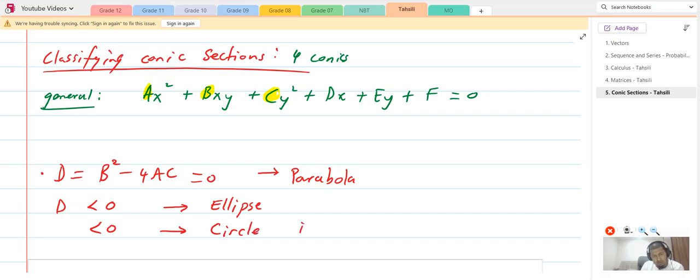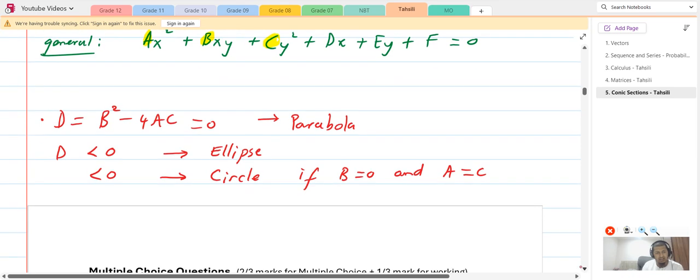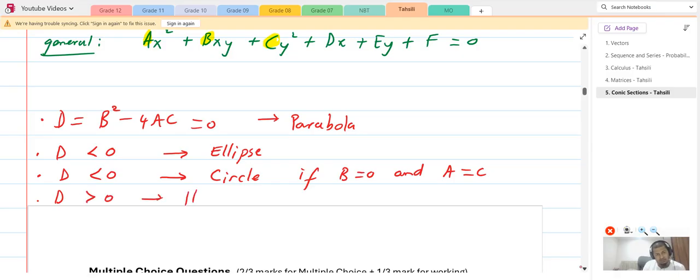If b is equal to 0 and a must be equal to c, the a and the c values must be the same. And the fourth one, if d is positive, simple, we just get a hyperbola. Easy peasy, that's it.